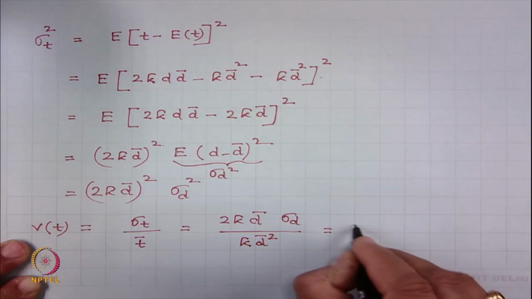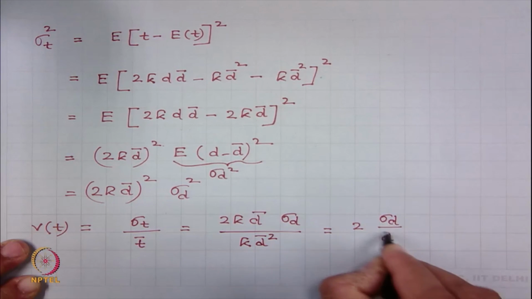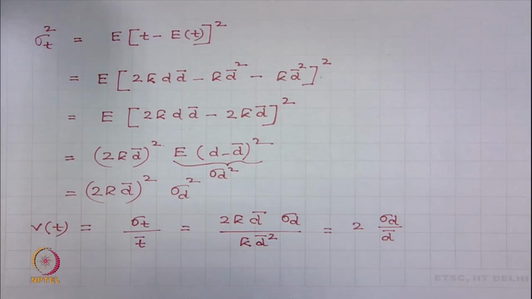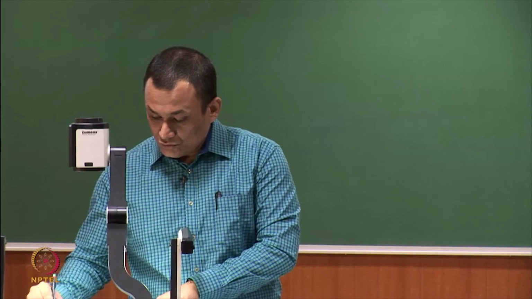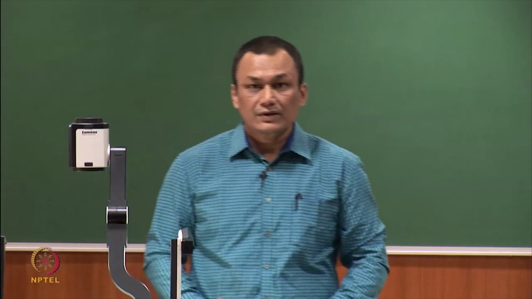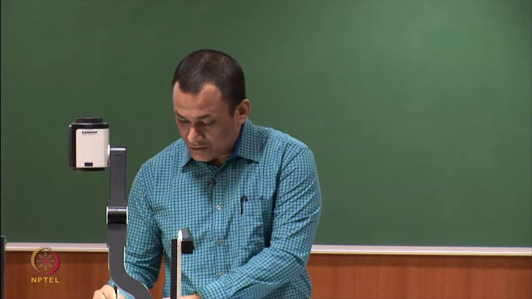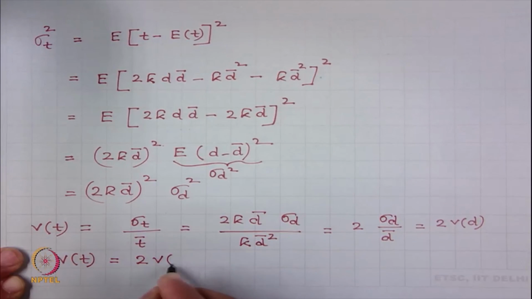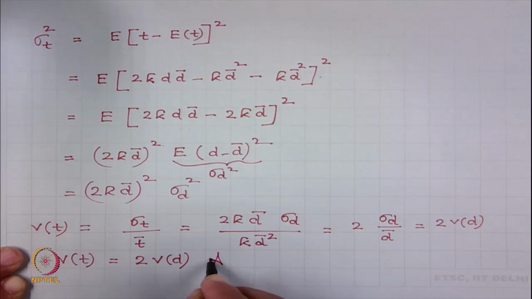So, 2 sigma d by d bar. What is sigma d by d bar? Standard deviation of d divided by mean of d. So, 2 V d. This is CV of d. So, V t is equal to 2 into V d. This is another important relation.